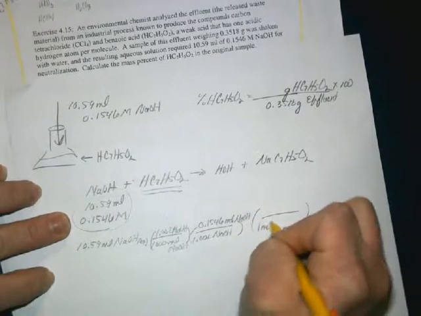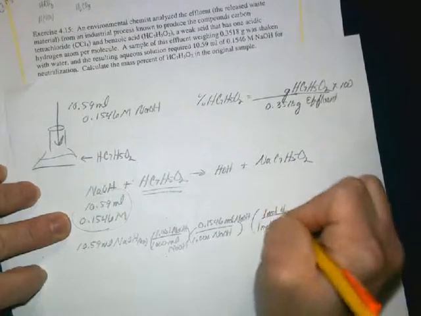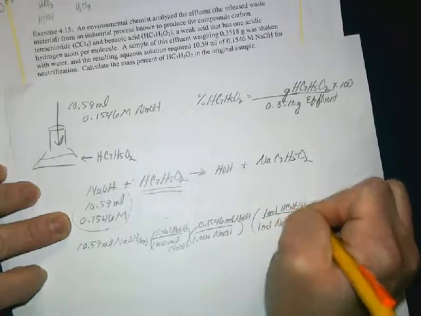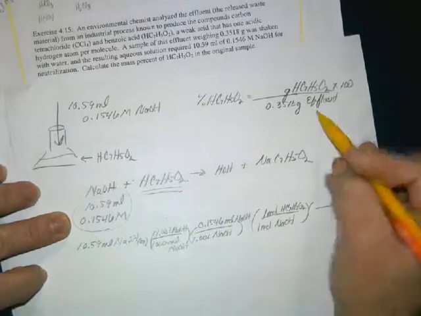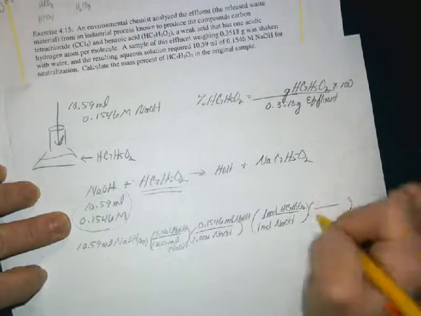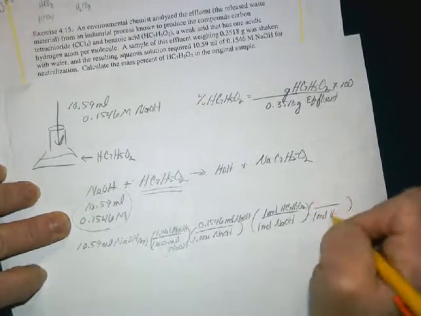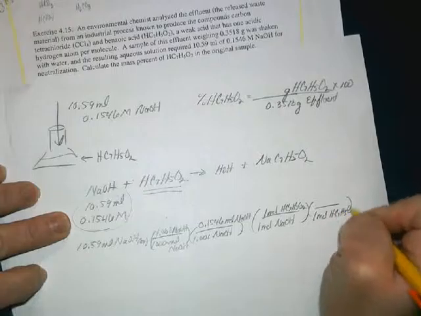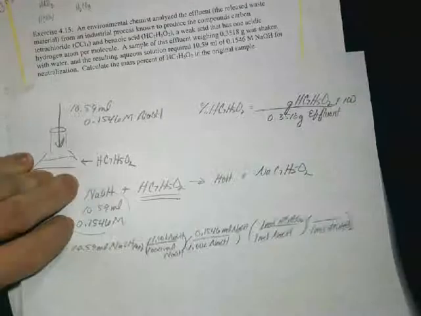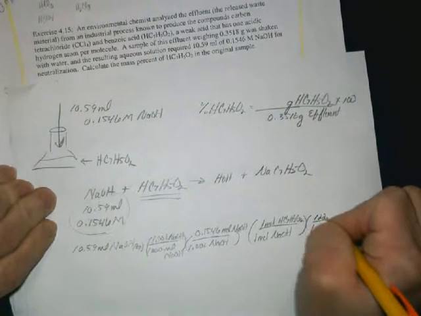Now it's a 1-to-1 mole ratio. And now, because I know what I'm trying to find, I just need now to get grams of my benzoic acid per mole, and that actually is 122.14.